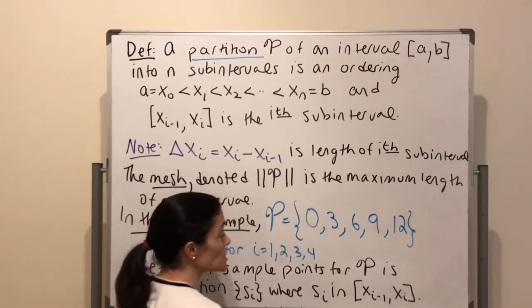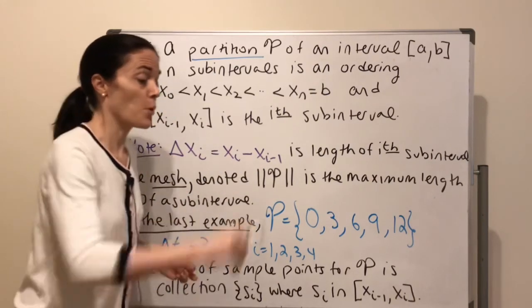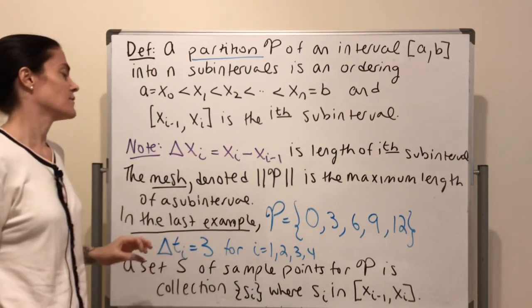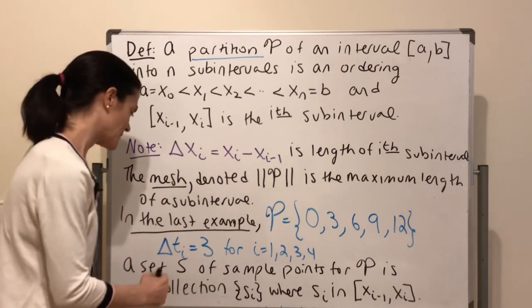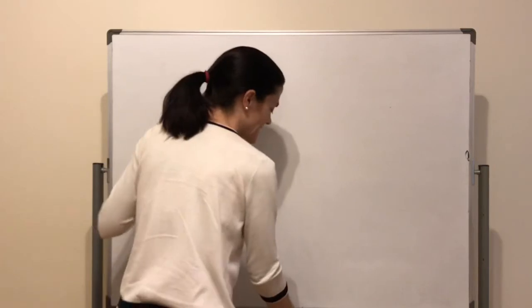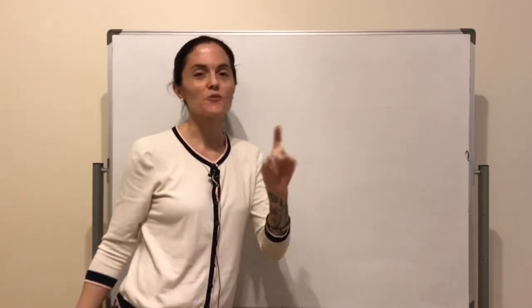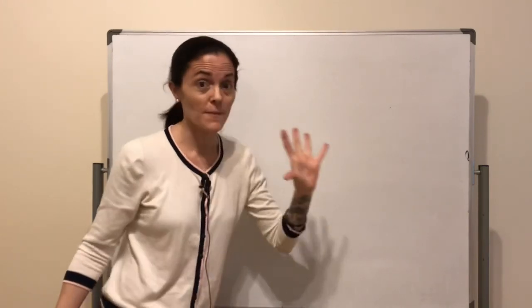So for each subinterval, and there are n of them, you have a point in each subinterval. This is a collection of sample points. Now, with these definitions, we are ready to define the Riemann sum.